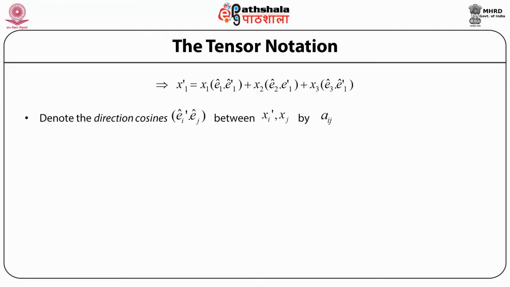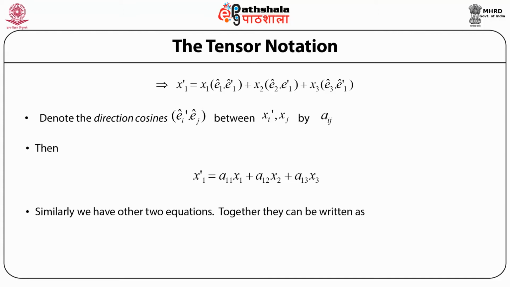Denote the direction cosines, Ei' cap dot Ej cap, between xi' and xj, by aij. Then x1' is equal to a11 x1 plus a12 x2 plus a13 x3.